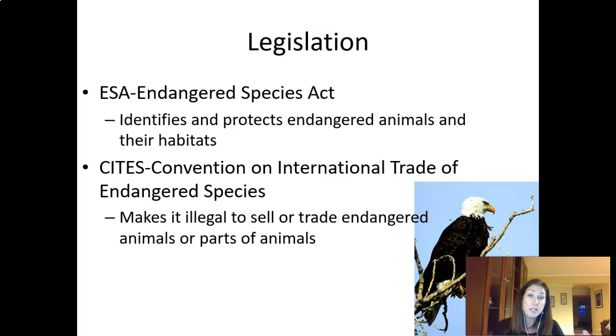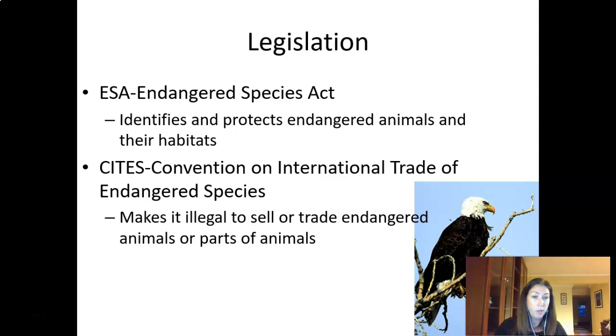Now, CITES is the Convention on International Trade of Endangered Species. This is an international agreement that makes it illegal to sell or trade endangered animals or their parts. And so while this doesn't make it illegal to kill those animals or harm those animals, it does make it not possible to profit off of it. So that takes away the encouragement of killing these animals if you don't have a public market to sell it on.